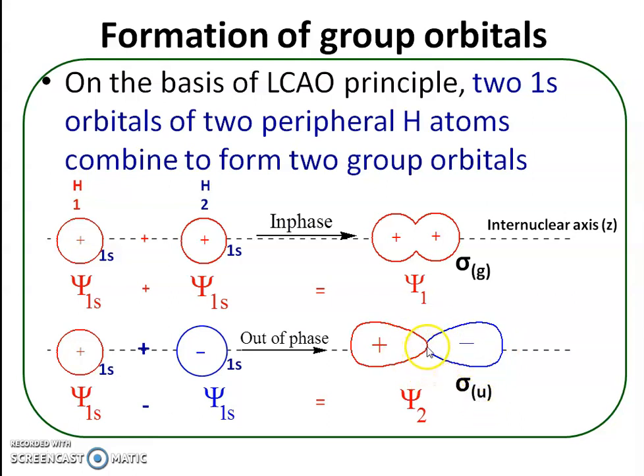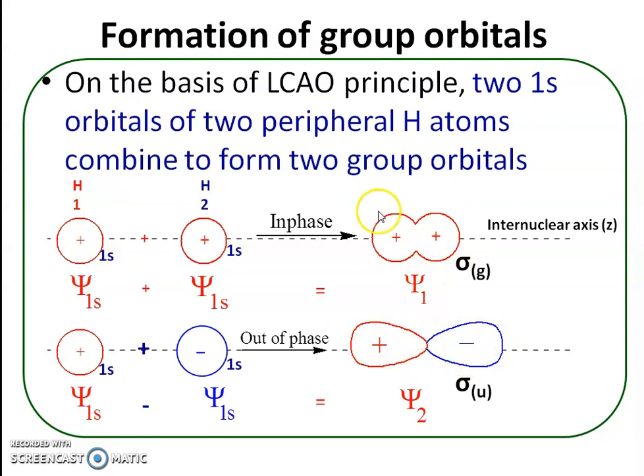It means this group orbital does not have a center of inversion. Now when you imagine the center of this orbital and exchange the two lobes, the negative lobe will come to the left side and the positive lobe will shift to the right side, and therefore there is no center of symmetry.